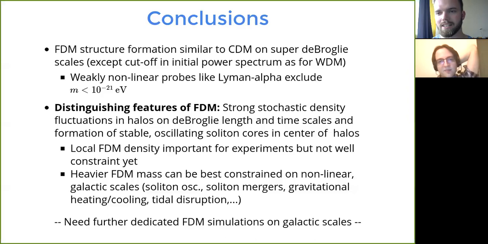That also drives interest, I think, in mixed models where you can probably alleviate those constraints a little bit and go to masses that are constrained if you have this pure fuzzy dark matter case.